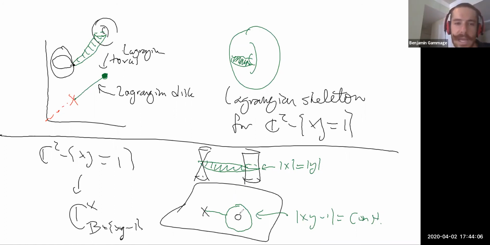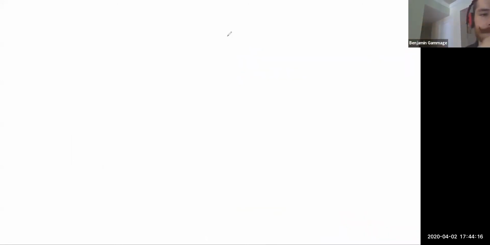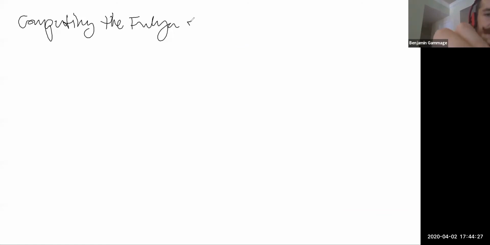Right, so now how can we use this to compute the Fukaya category? Maybe I won't say this in detail, but I'll just give some hints about how this relates to the Fukaya category, and then I'll move on to some more general mirror symmetry statements.